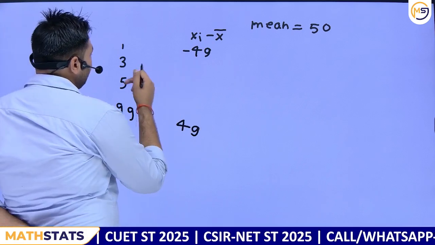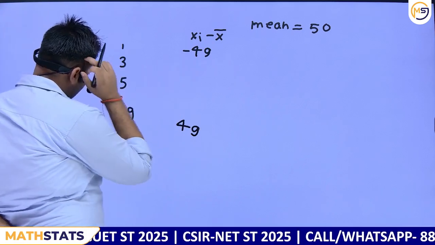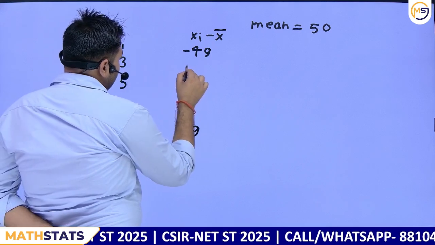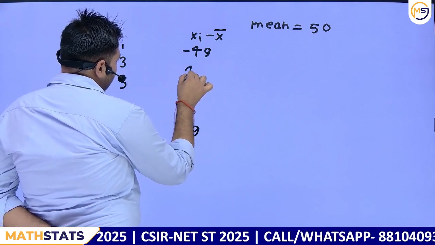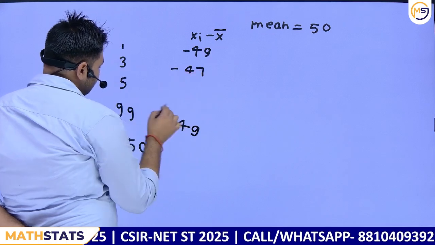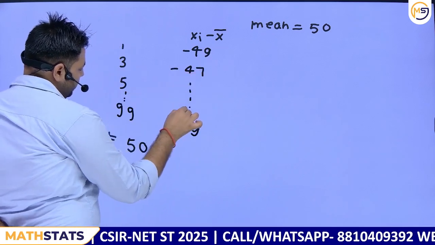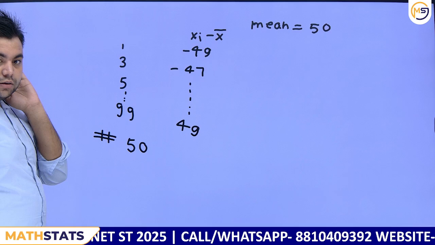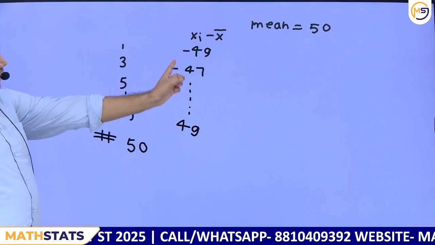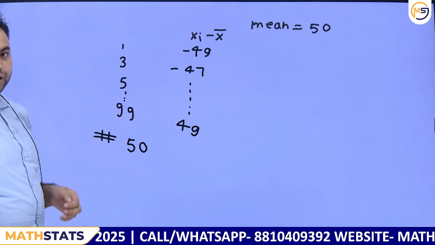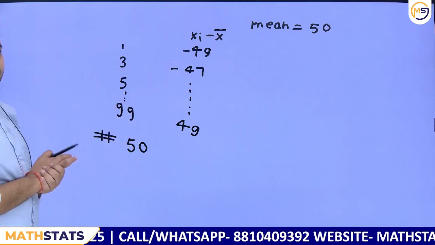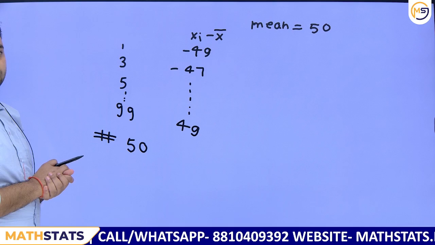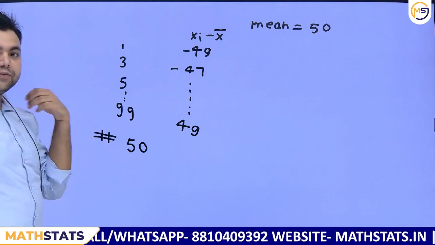And this value equal to minus 47 and the last but one value is 47. So you will get minus 49, minus 47, then up to 49. So how does this series start? Here one term you find is 49, okay?